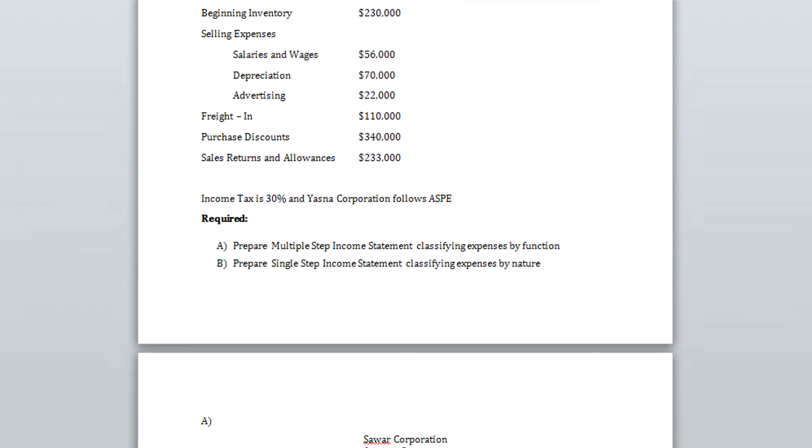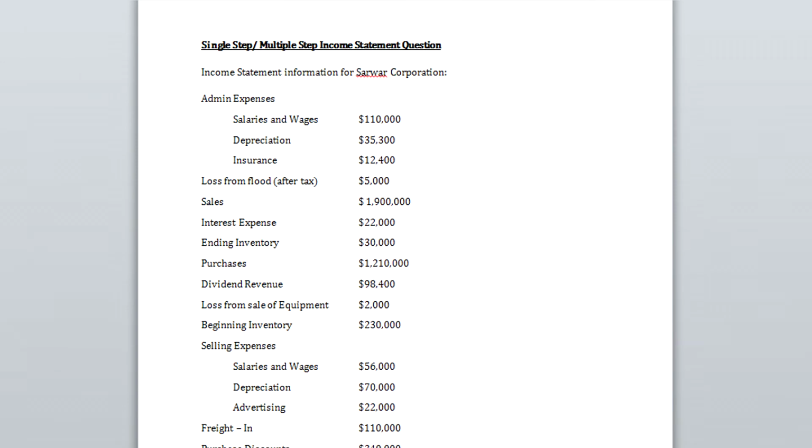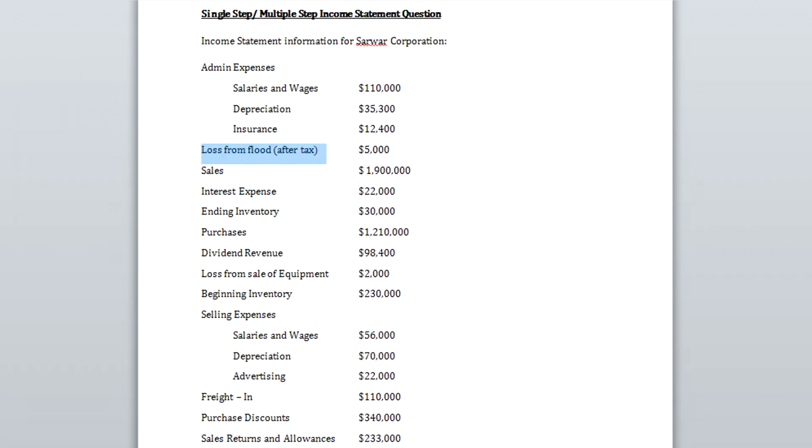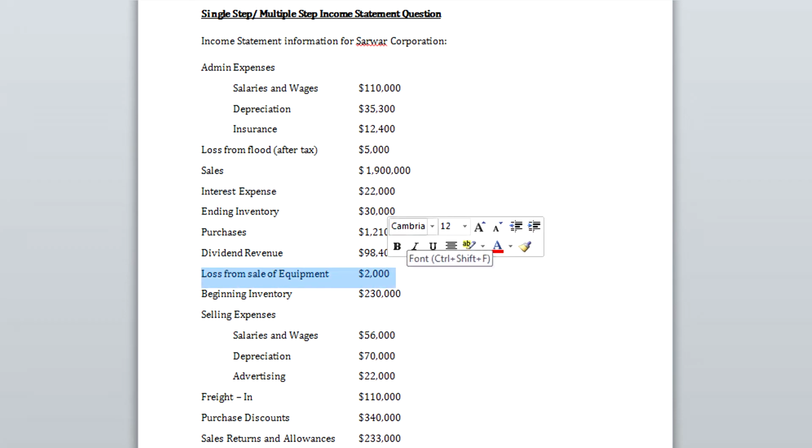Let's see what we have here for other expenses and losses. We have this loss from flood, right? That's a non-operating expense. That doesn't happen every day. Interest expense as well doesn't happen every day, and loss from sale of equipment. Those are our 3 non-operating expenses.